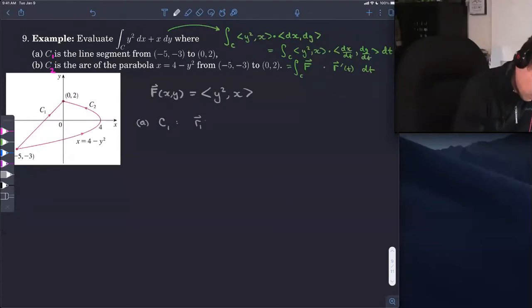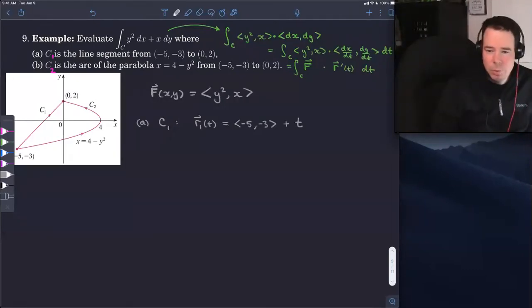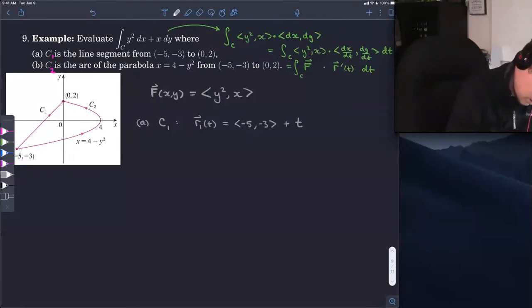I'll call it R1 of t. My parameterization is going to start at -5, -3, and I'm going to add to that a multiple of the vector that will get me to the other point. And so it's going to be the difference between 0, 2, and -5, -3.